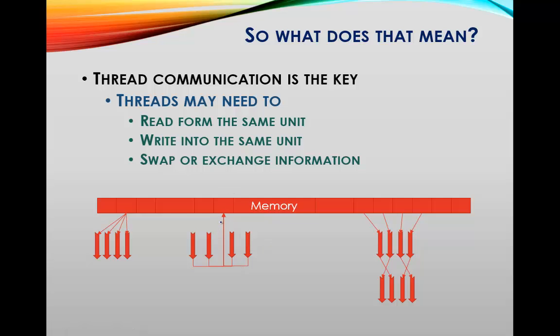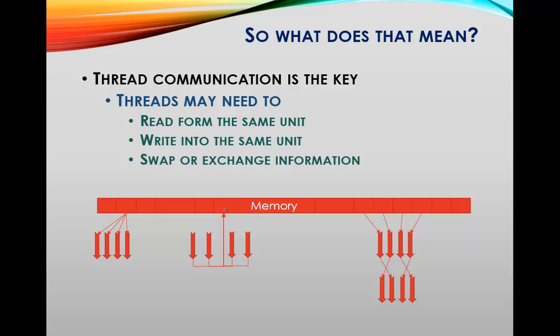So that's not really going to be a big issue for us. The biggest issue, though, is that we need to make sure that the integrity of our data is preserved when we have multiple threads writing into the same unit of memory, because, as we see later on, we won't know which thread will have the first access and which thread will be the last to access the memory.